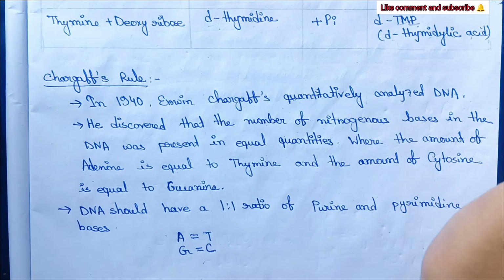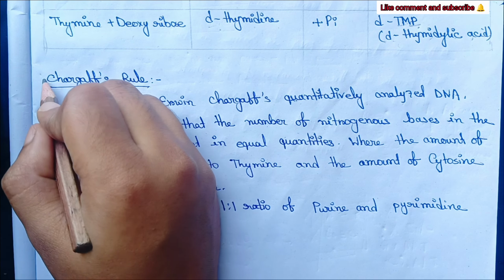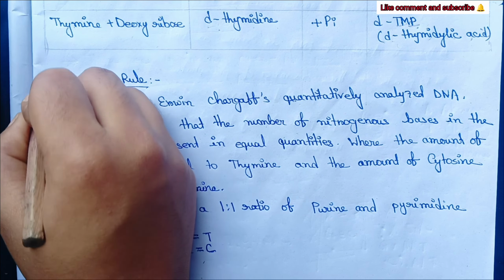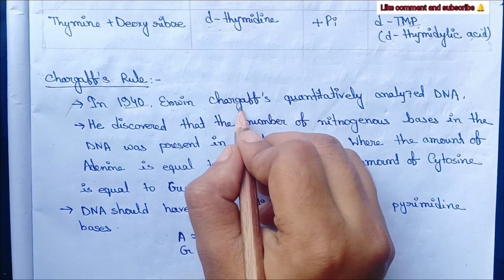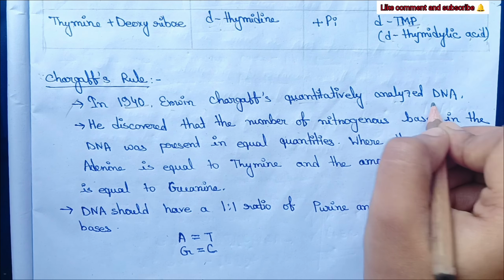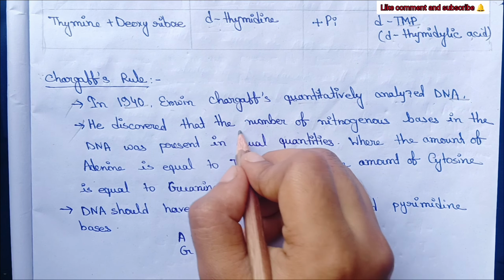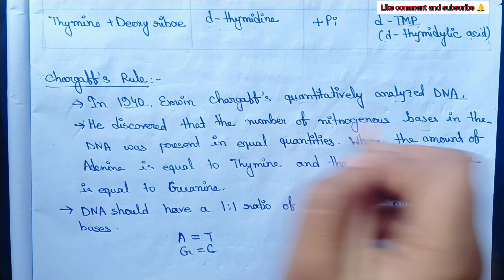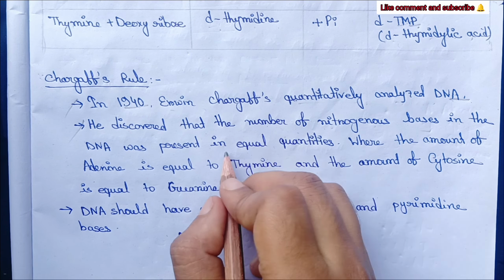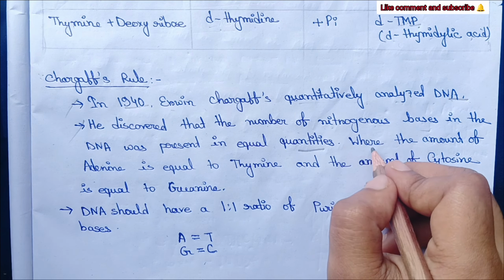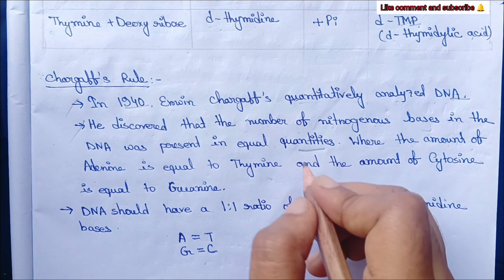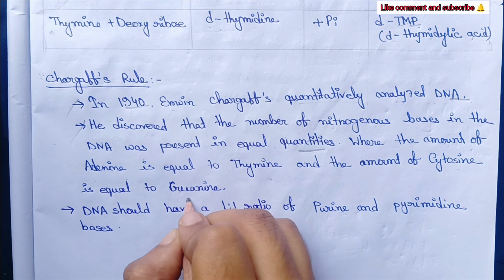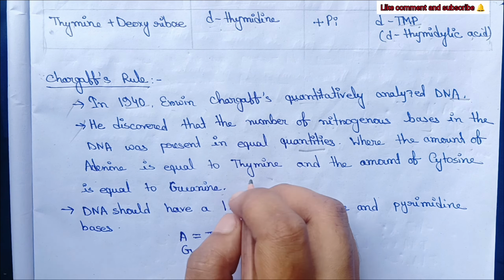Then in the DNA, this is the most important concept, the Chargaff rule. In 1940, Erwin Chargaff quantitatively analyzed DNA. He discovered that the nitrogenous bases in the DNA were present in equal quantities, meaning the amount of adenine is equal to thymine and the amount of cytosine is equal to guanine.